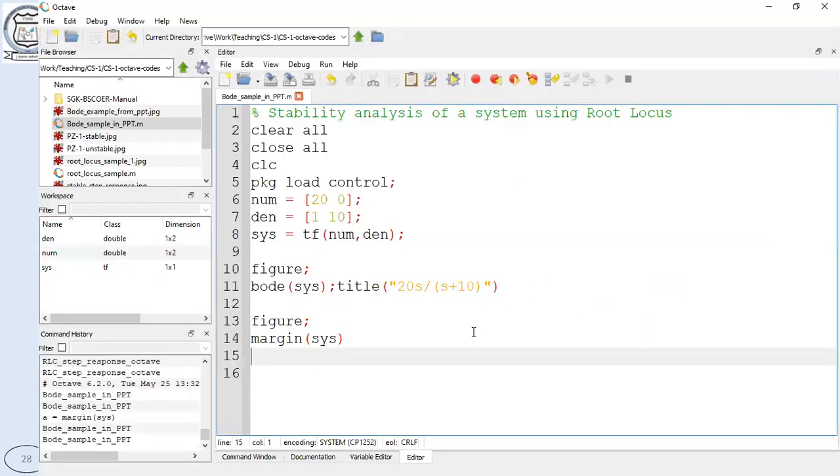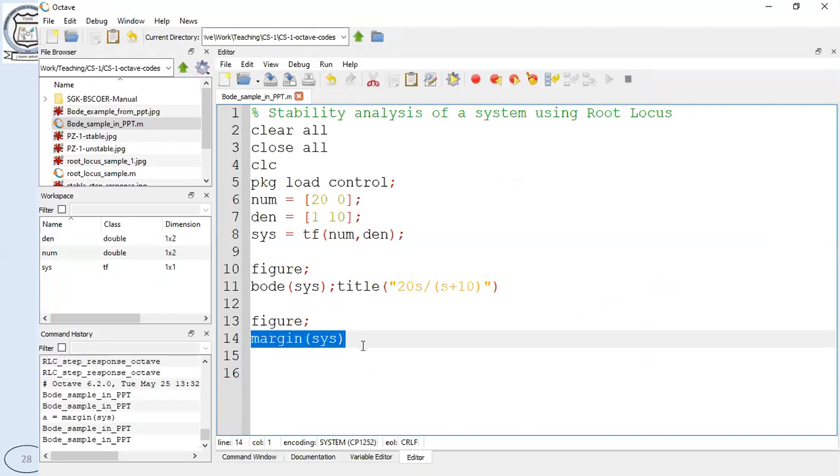One more thing: the gain margin and phase margin can also be calculated directly by the software, and for that the function is margin sys. Instead of Bode sys, you use margin sys, and it will give you the gain margin and phase margin of the system.